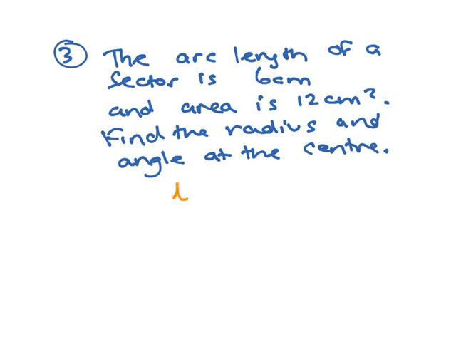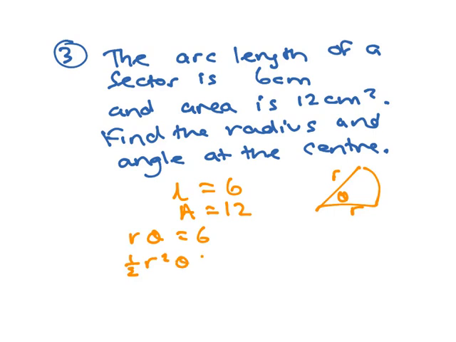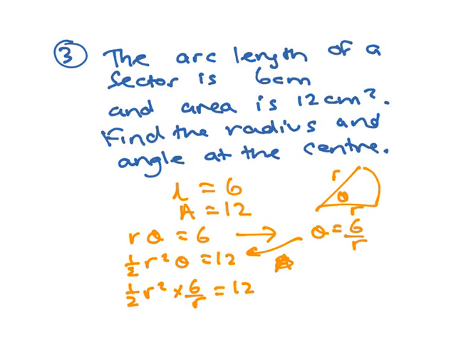Okay, this one here, the arc length is 6 and the area of the sector is 12. So that means r theta equals 6 and a half r squared theta equals 12. So I just have to solve these simultaneously. If you look at this, theta is 6 on r. So if you put that into this one, that's a half r squared times 6 on r equals 12.